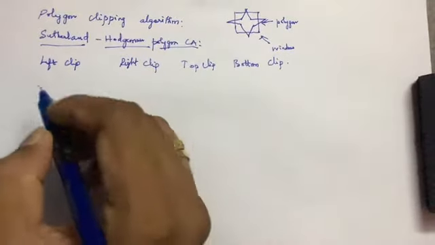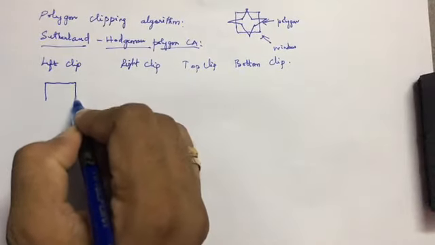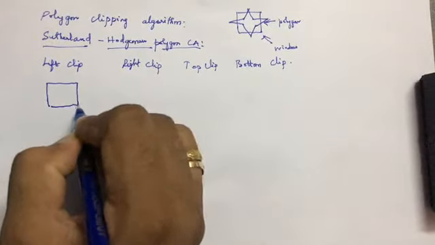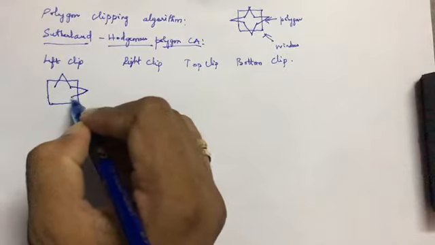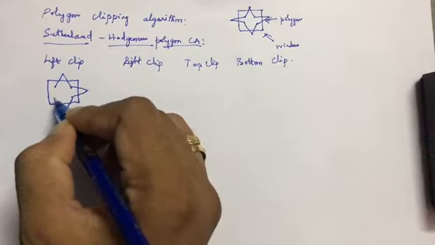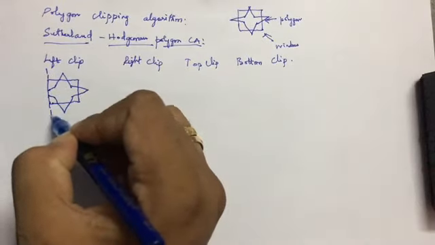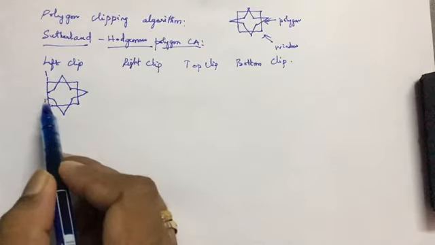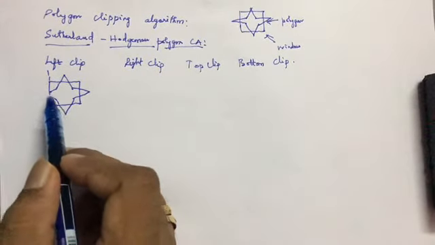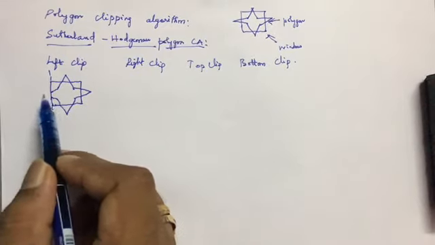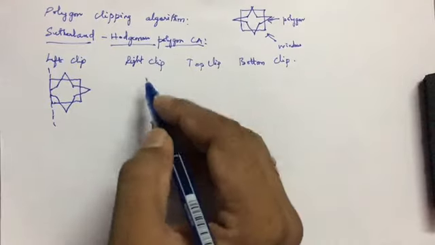So first of all, left clip. On performing left clip, we will have the output as this. So the area before the left margin is clipped. So this edge is not shown in this figure.